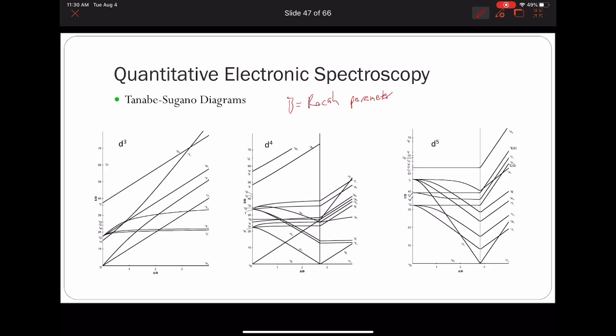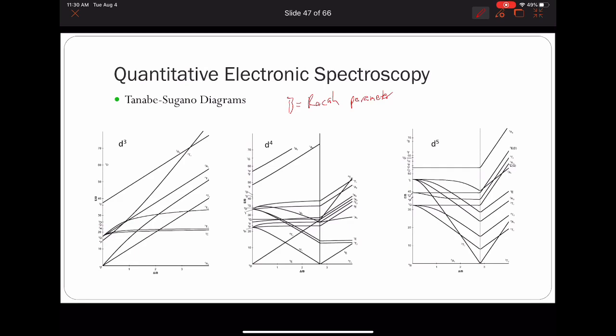Now, this indicates that we have a low spin environment on the right-hand side of this vertical line and a high spin environment on the left-hand side. So this vertical line, in this case at delta octahedral over B of approximately 2.8, indicates where we have the transition from high spin to low spin.